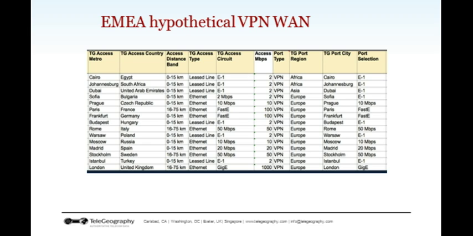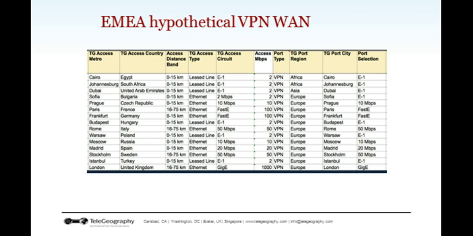We have Paris and Frankfurt at the Fast E or 100 meg level, and London, maybe with your connection to the data center or headquarters, at the GigE level. Those large capacity sites bring the per-site average up a bit to about 90 megabits per second. You can see the typical office is at that smaller end.